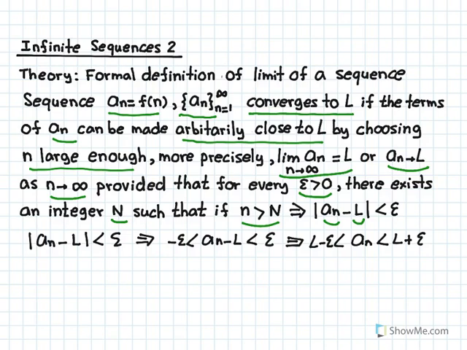Now, if we draw this on a line, you can see that here are the terms of the sequence, which is a_n. So let's say a_n is here. Here is L plus epsilon, and here is L minus epsilon. Now, you can tell as epsilon approaches 0, if we pick enough terms, we can make epsilon very, very small.